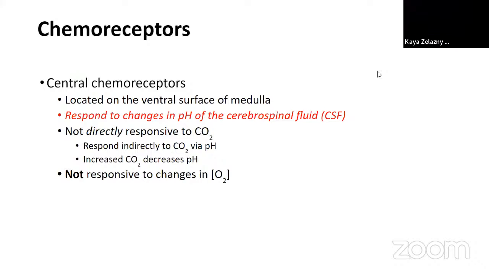So now we're going to think about the central chemoreceptors in particular. The carotid bodies, the peripheral chemoreceptors, sense both oxygen and carbon dioxide levels. Partially, they sense carbon dioxide through the concentration of hydrogen ions.